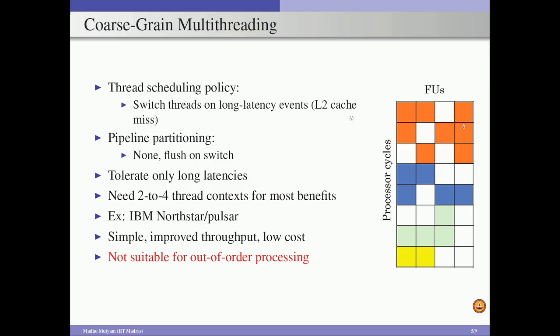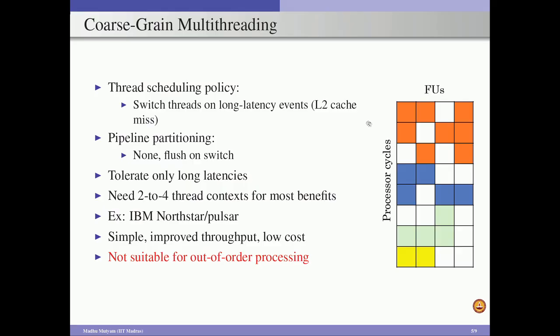As a result, in some of the processor cycles some of the functional units are underutilized, because we are issuing instructions from a single thread continuously, and only when there is a long latency event do we move on to a different thread and execute instructions from the second thread. Here the color coding indicates that we are executing instructions from 4 different threads.